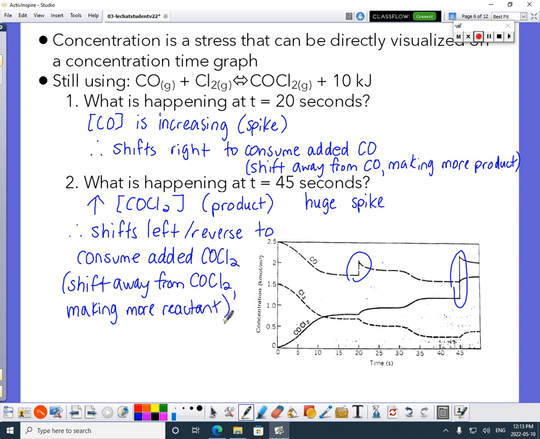So all of these explanations are equivalent. And again, I wouldn't ask you to explain it three ways. So you pick what you like, okay?